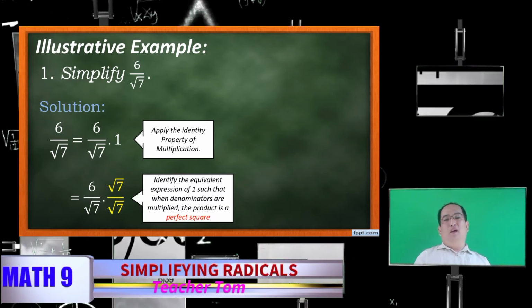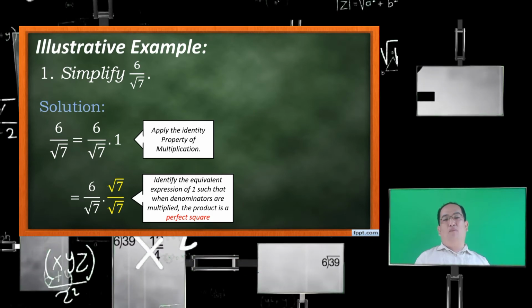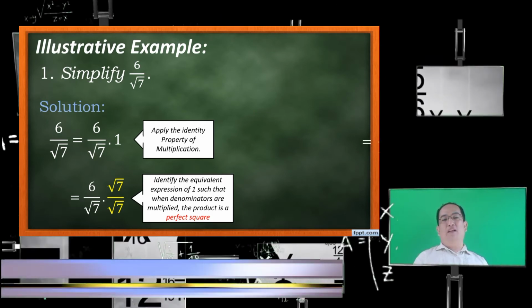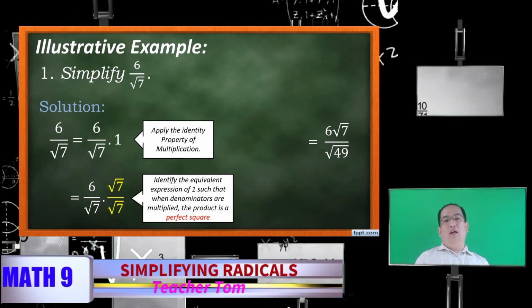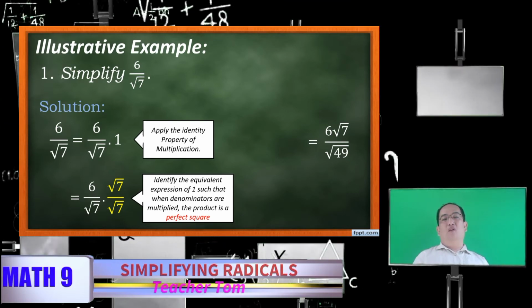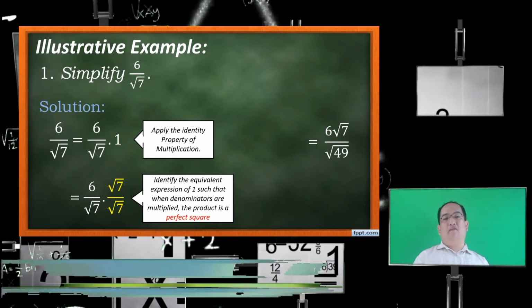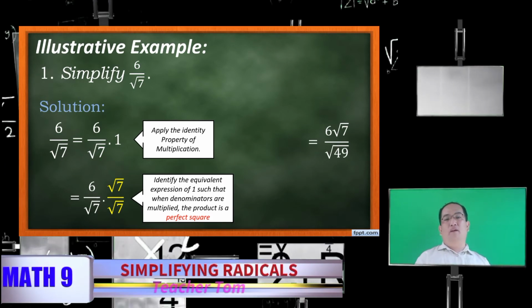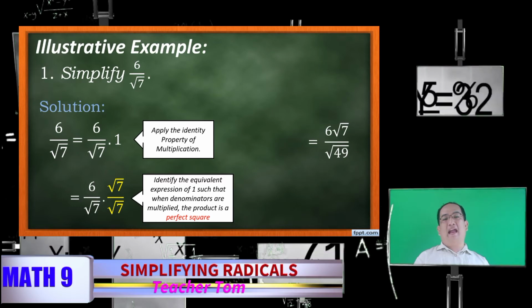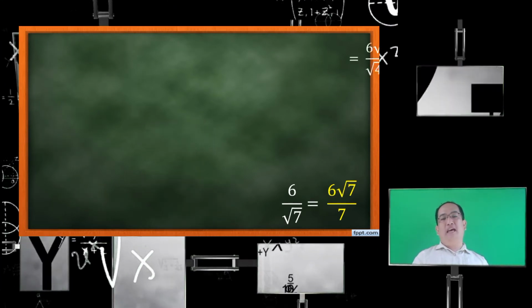Then, we have to find the equivalent expression of 1 such that when the denominators are multiplied, the product is a perfect square. So therefore, 6 over square root of 7 multiplied by square root of 7 all over square root of 7, we have the product 6 square root of 7 all over square root of 49. So to simplify, we have 6 square root of 7 all over 7.